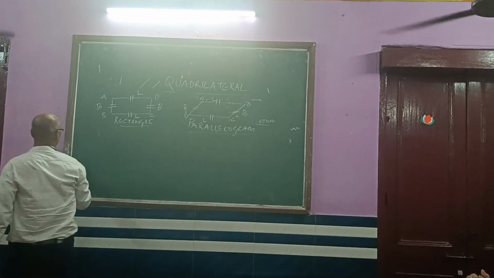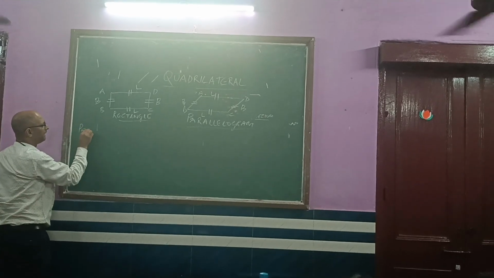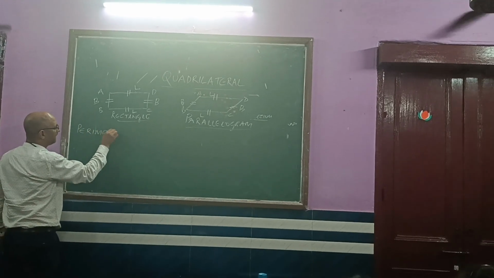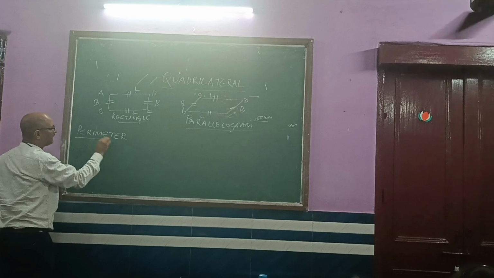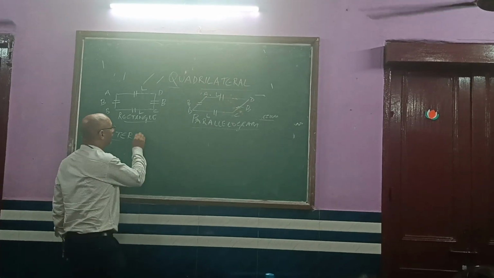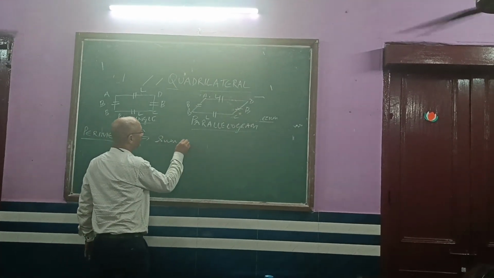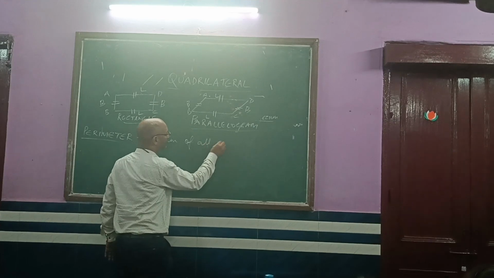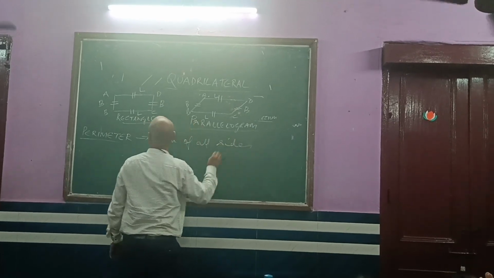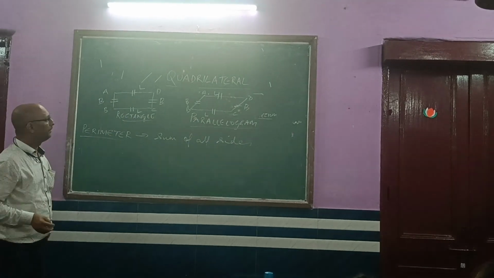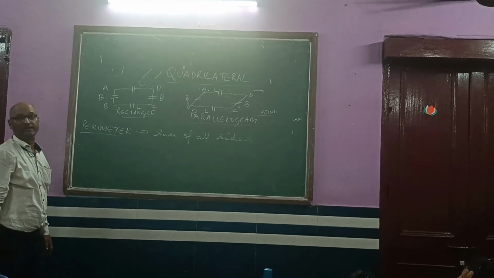Now, come to this. Perimeter. All of you know what do you mean by perimeter? Sum of all sides. That means all the sides have to be added up. In this case, what are the four sides?